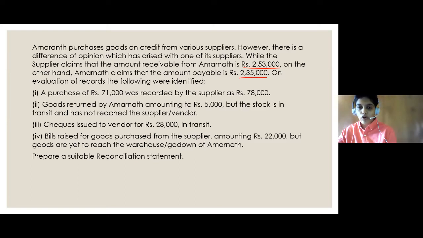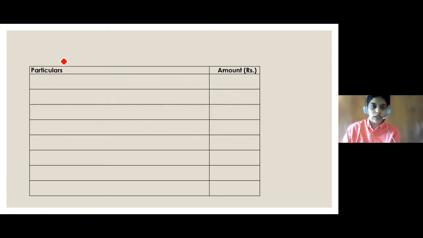Again, the same format will be used because it is a statement. We have two columns, the particulars and amount, and the heading here will be amount due to supplier.